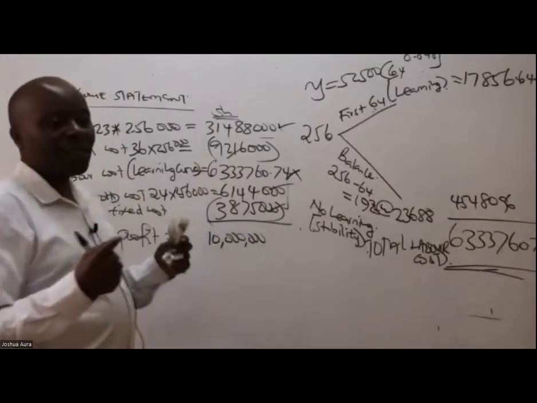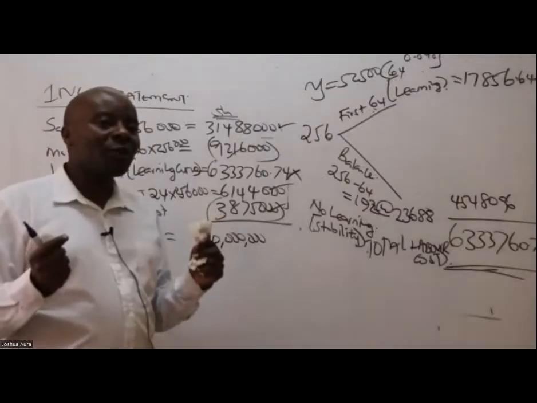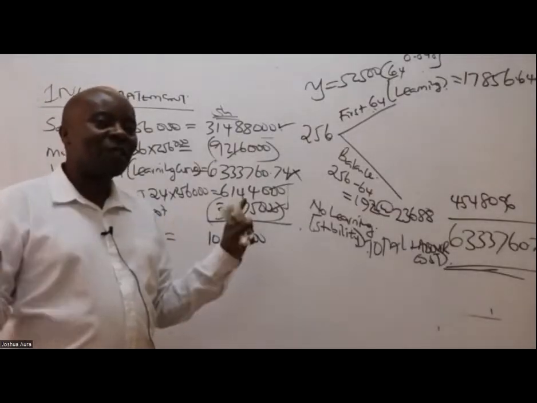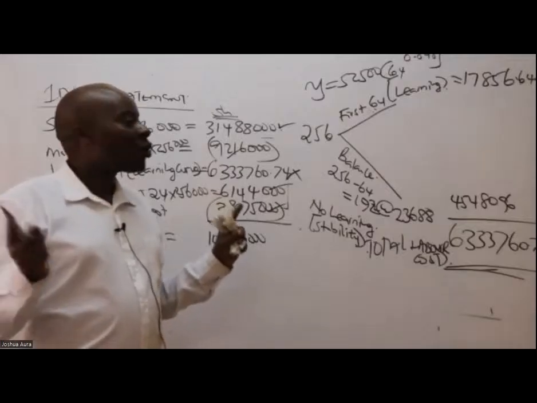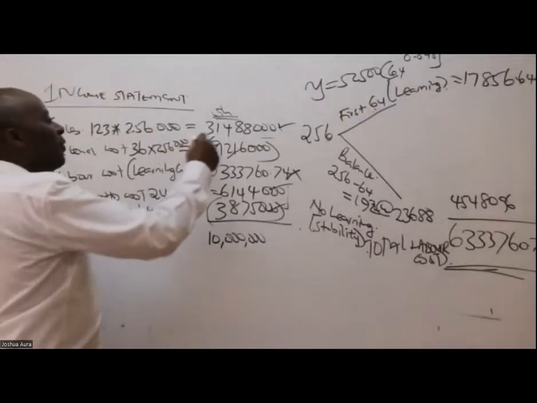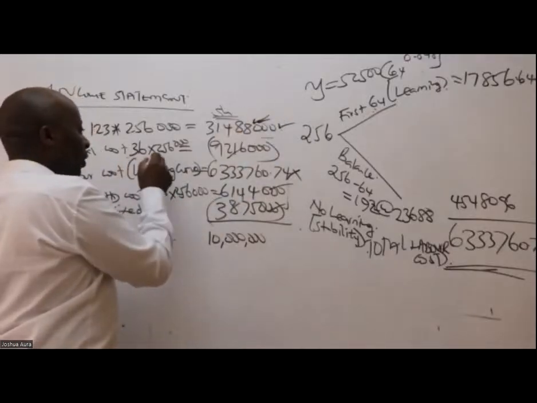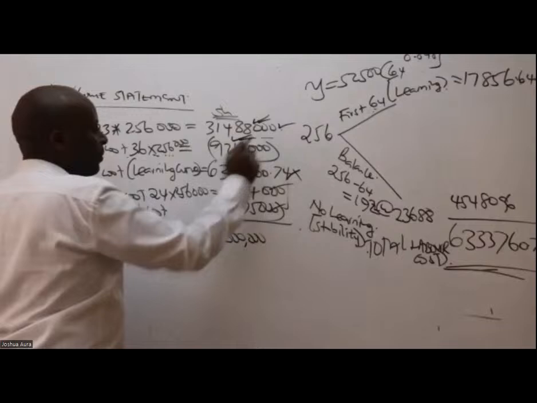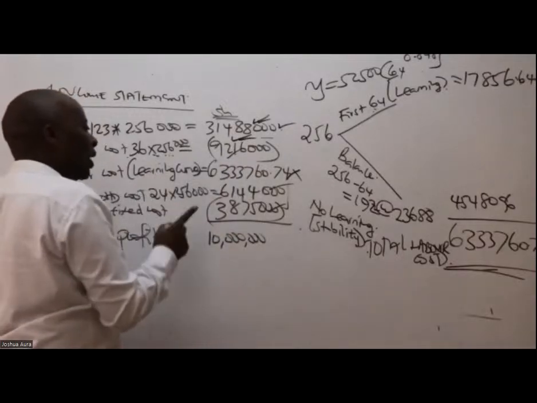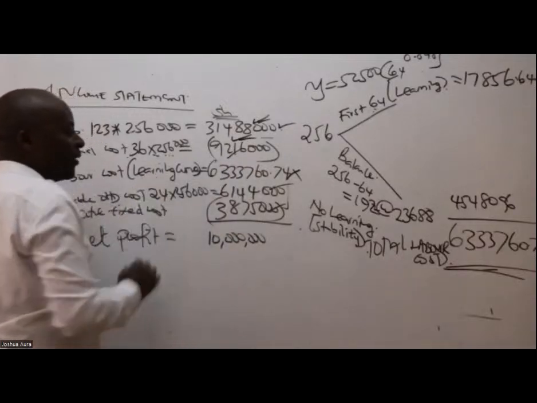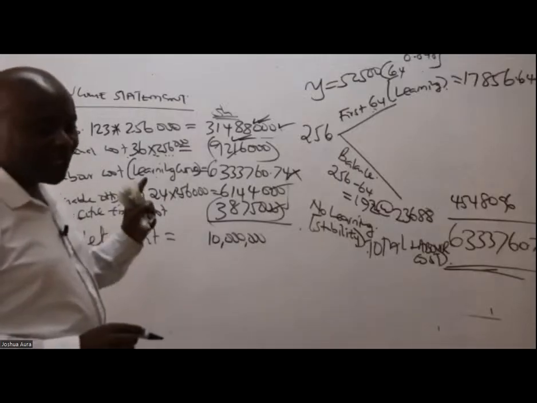And still, they are talking over the same total units to be produced, 256,000, the 256 batches. So it means that sales revenue will remain the same. Material cost for the 256,000 will remain the same. What will change will be the labor cost, because now the learning curve is going to change.